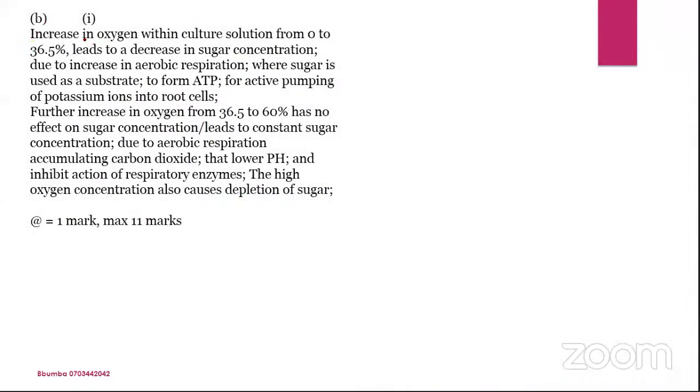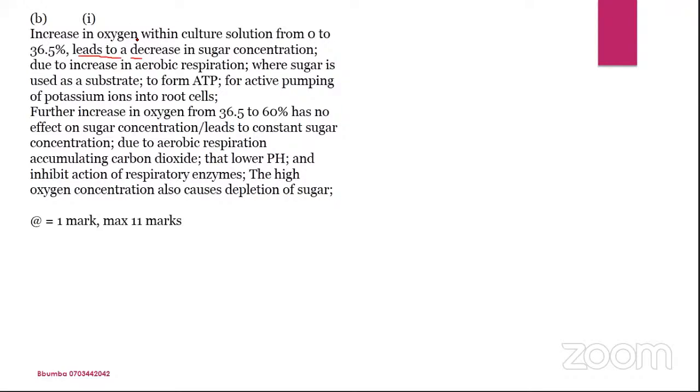Now let us have a brief look at the answers which we have. So, for example, increase in oxygen within the culture solution from 0 to about 36.5% leads to a decrease in sugar concentration. Now, why does the examiner use "leads to a decrease"? Because you are explaining the effect.